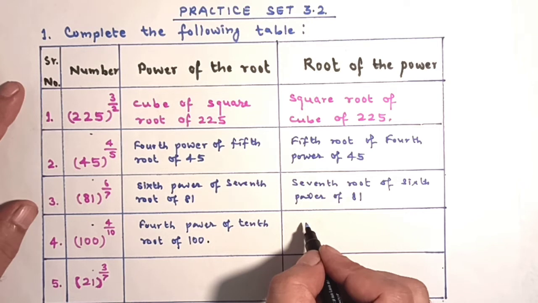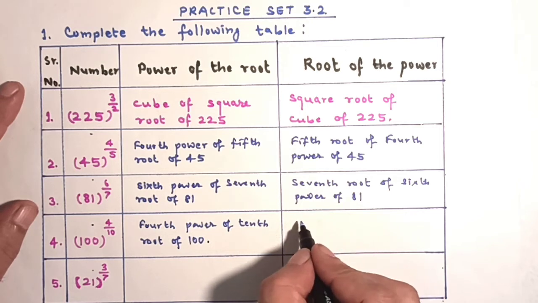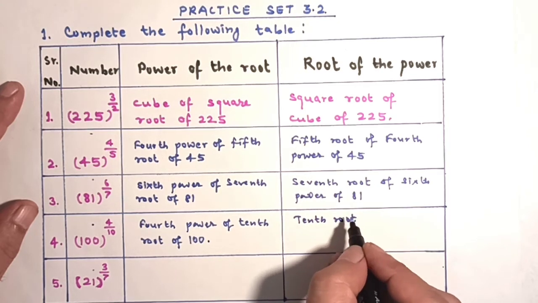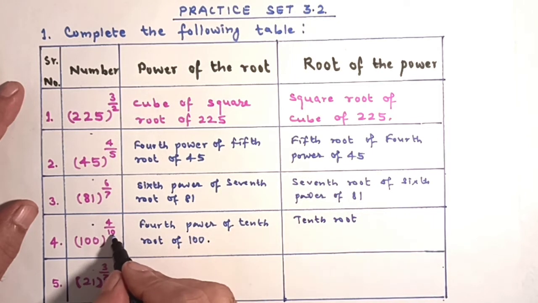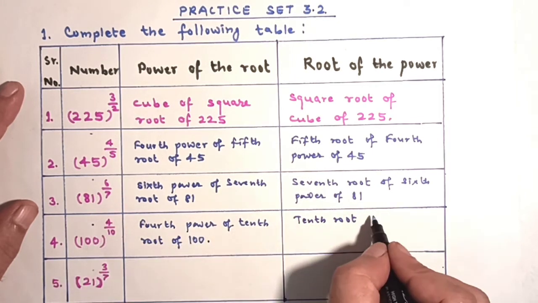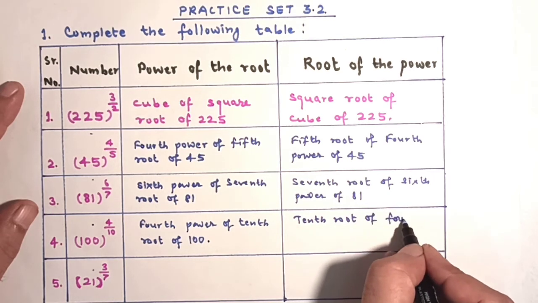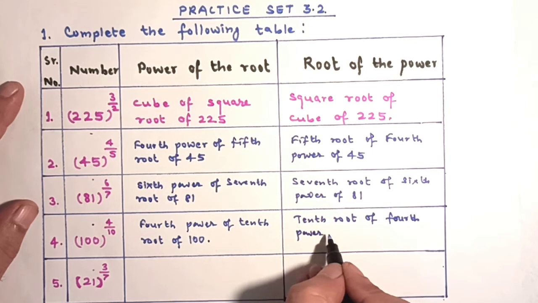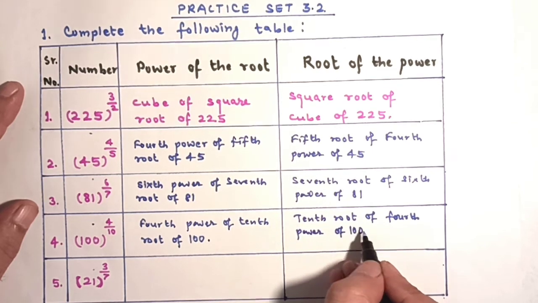Similarly here, 10th root is the root and this is the power, so 10th root of 4th power of base 100.